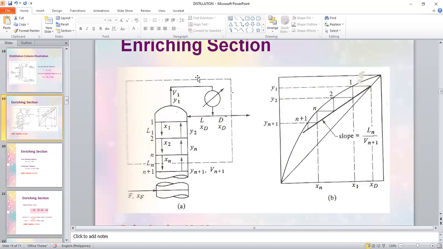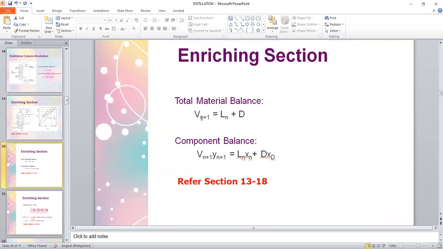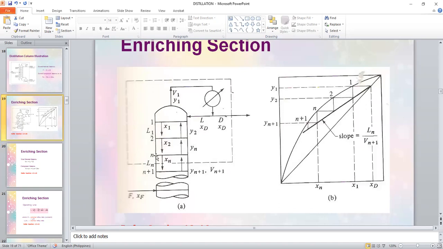So you have a single stream that is entering this section in the broken line box, and you have two streams leaving. That's the reason why you see this V sub n plus 1 is equal to Ln plus D. You have Ln and D leaving the section, and you have Vn plus 1 entering the section.